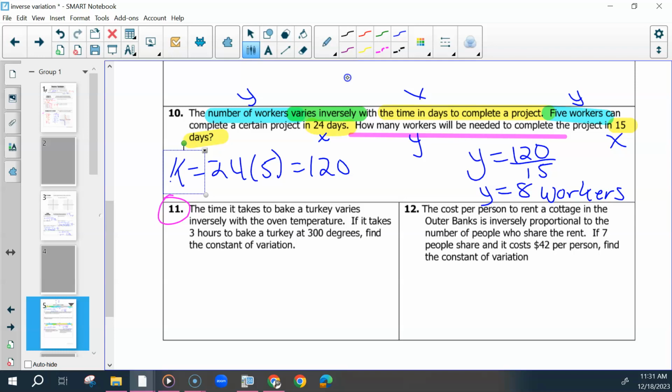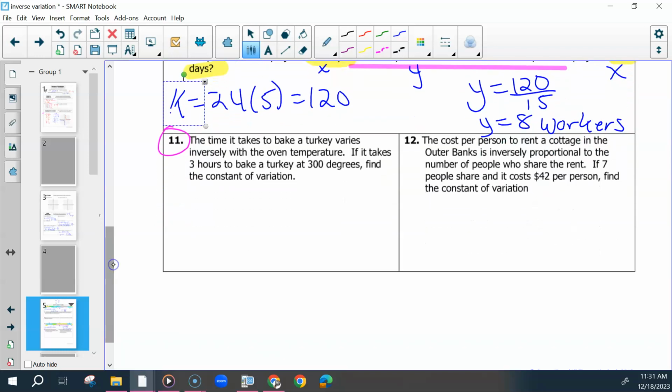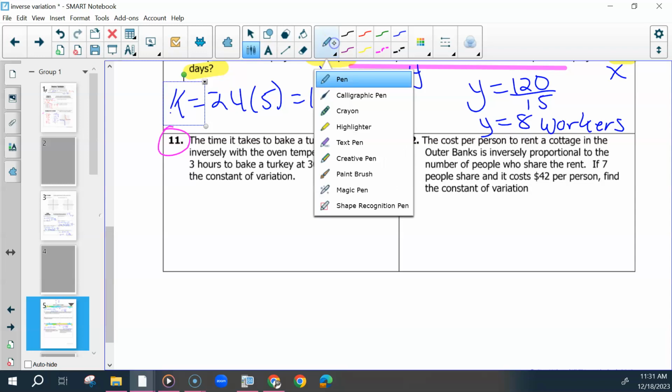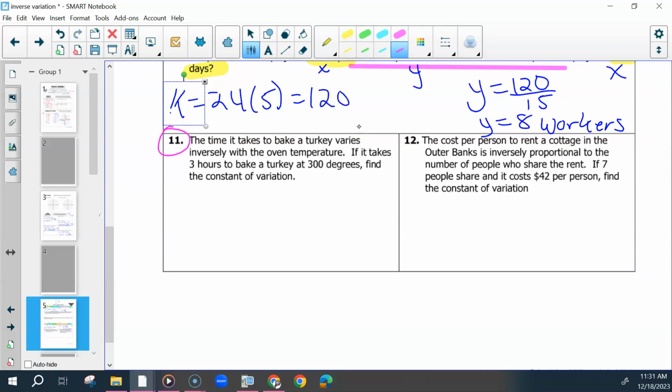Okay. And then let's do 11. The time it takes to bake a turkey varies inversely with the oven temperature. If it takes 3 hours to bake a turkey at 300 degrees, find the constant of variation. What's important there? 300 degrees. 3 hours. Time it takes.